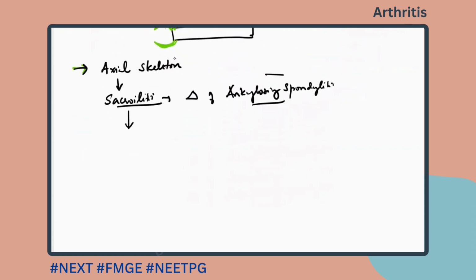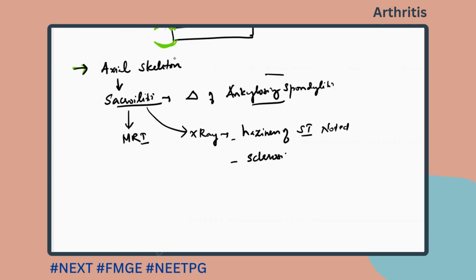Sacroiliitis can be picked up early by MRI. You can even see sacroiliitis in X-ray, where haziness of the SI joint is noted, and sclerosis is also noted in the SI joint.